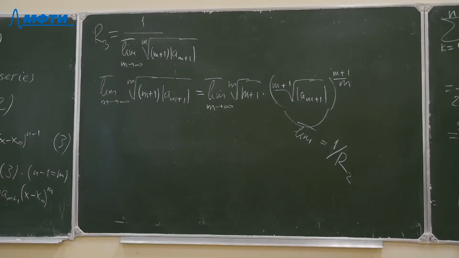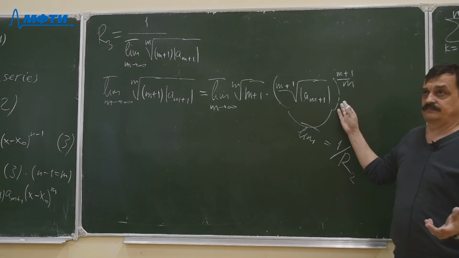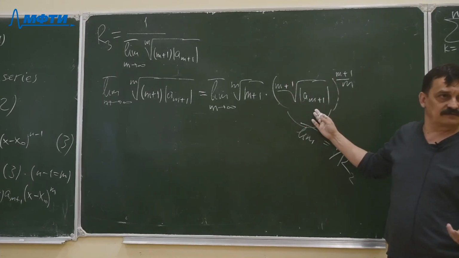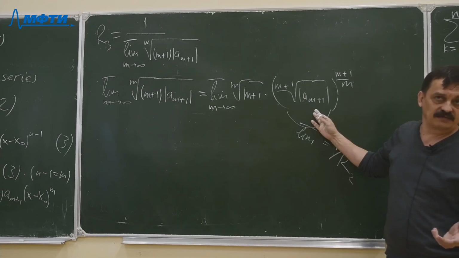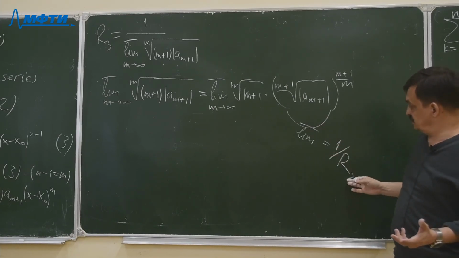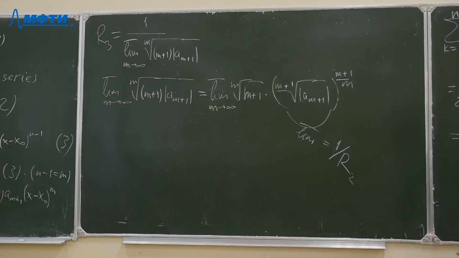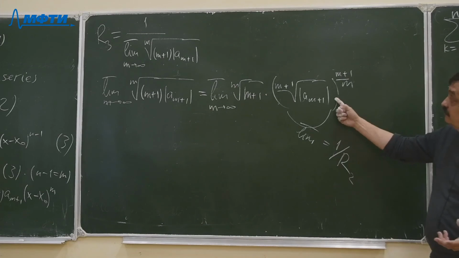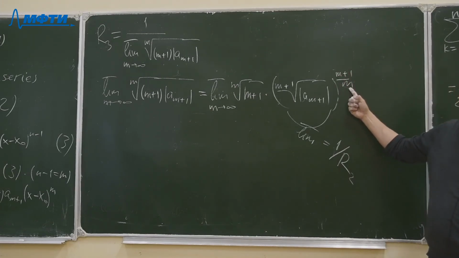Now look, if we take an arbitrary subsequence of that sequence, what we know is, if it has a limit, then the limit is less or equal to the upper limit, because that is the largest. And if we take this power, it tends to 1, right?